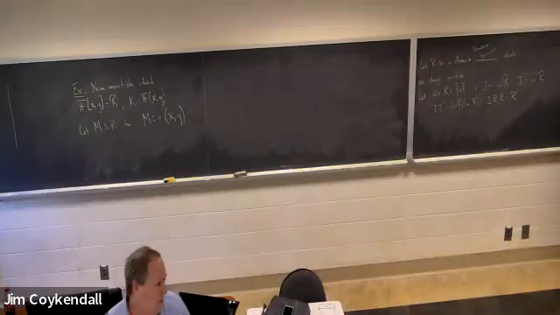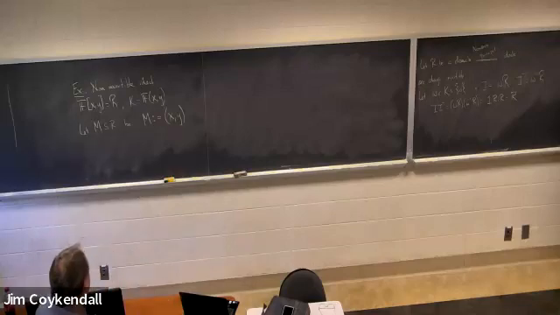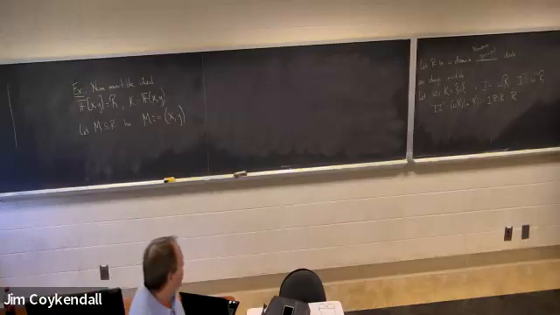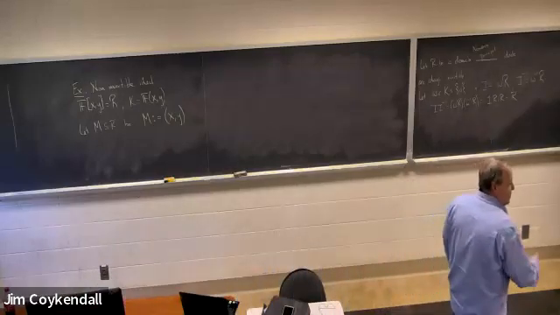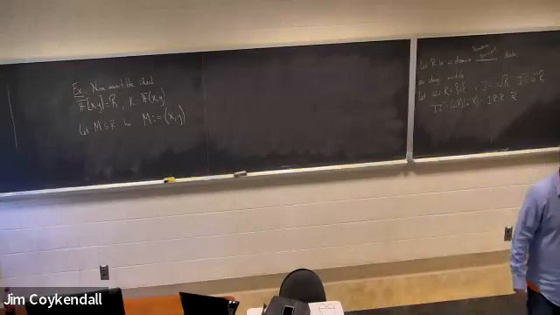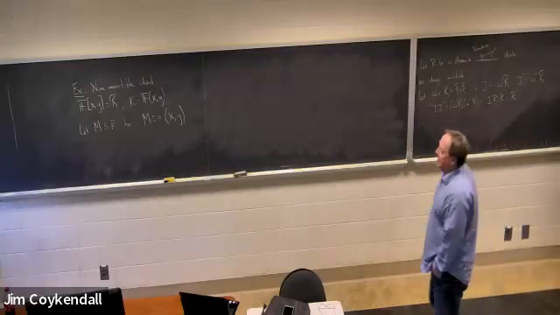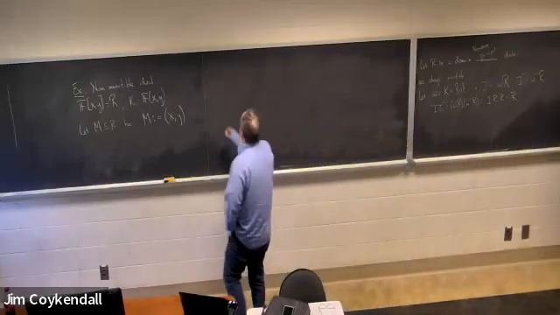It's not a principal ideal domain. Otherwise, this would be a real stupid example. If this was a principal ideal domain, every ideal would be principal, and we already know all principal ideals are invertible. But this one does have unique factorization, and that'll be useful. So let's look at M inverse.